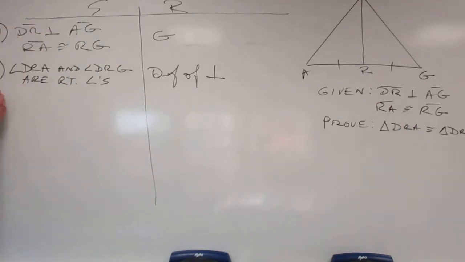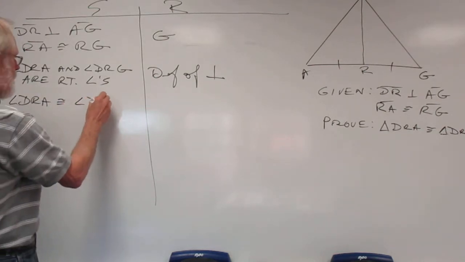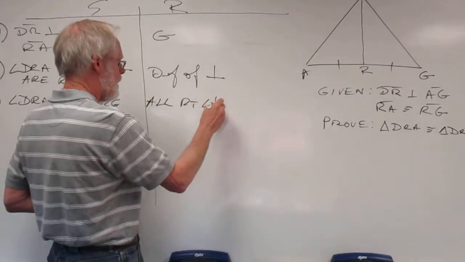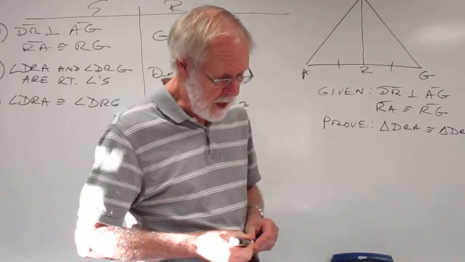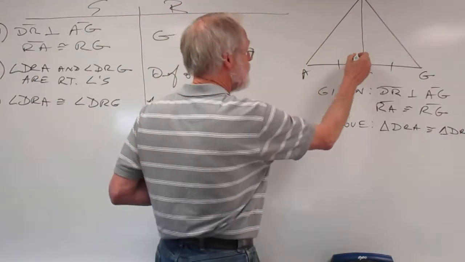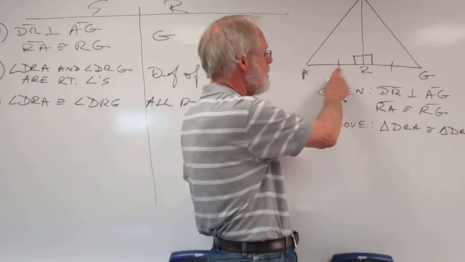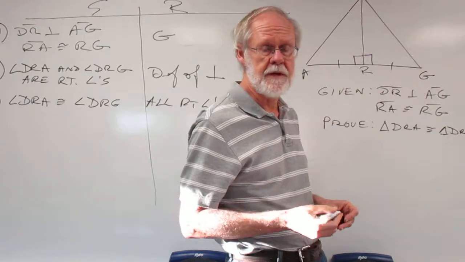All right. Number three, we can then say, because all right angles are congruent, angle DRA is congruent to angle DRG. All right angles are congruent. Now we have a side and we have an angle congruent to a side and an angle. We need something more.